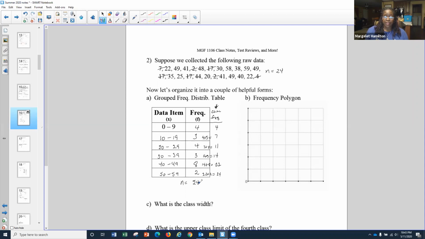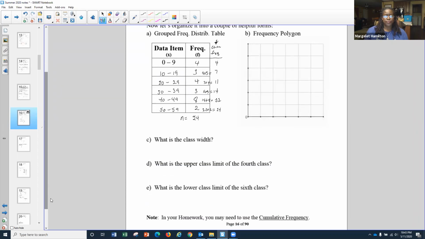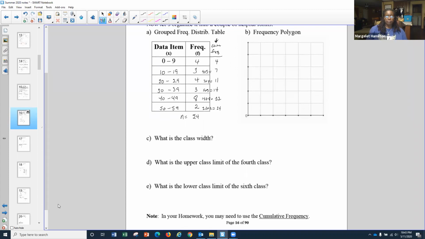Now that we've gotten that out of the way, let's answer some questions about this. All right. And then we'll draw our frequency polygon. Okay, so it says, what is the class width? Again, remembering our parts, these are called classes, okay?